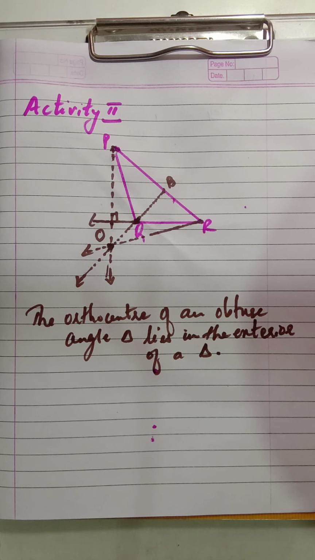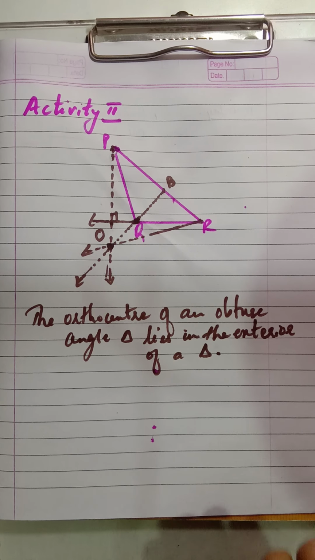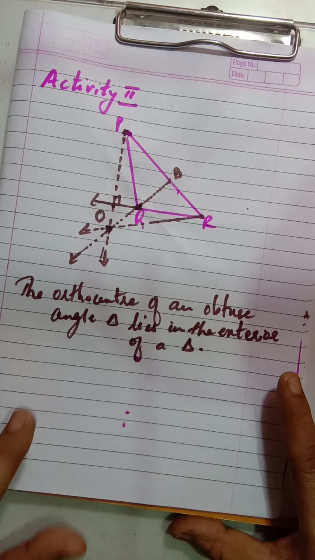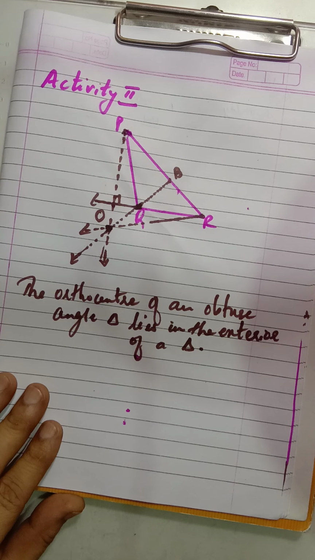Okay children, so we have completed now. We have taken all the three triangles, acute angle, obtuse angle and right angle, and we have seen where does this orthocenter lie. We have constructed the orthocenter. Now you will complete all these notes in your class book children, and in your textbook page number 20, there all the points are given together, that is, now I know the altitudes of a triangle pass through exactly all these points children.